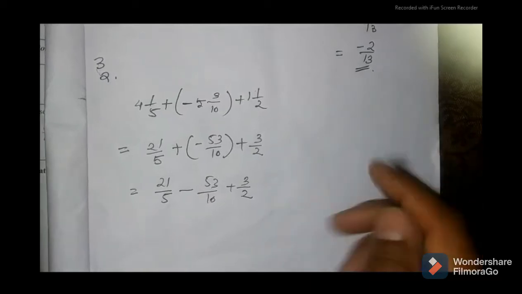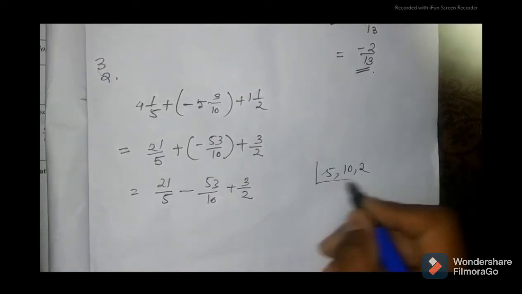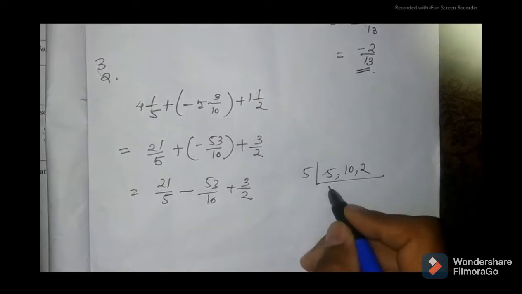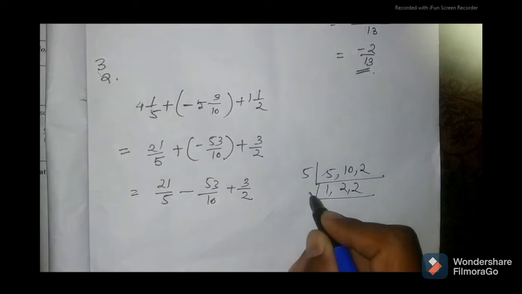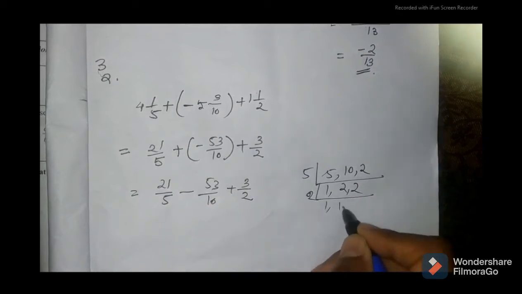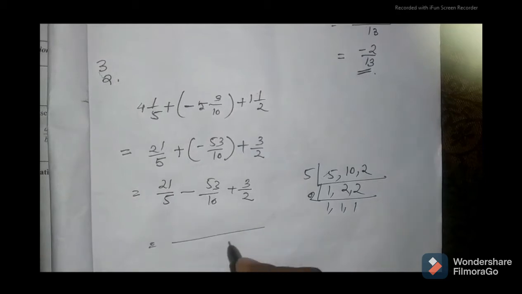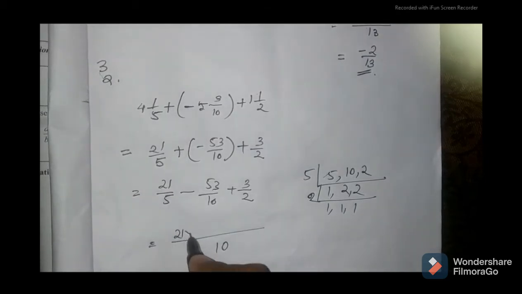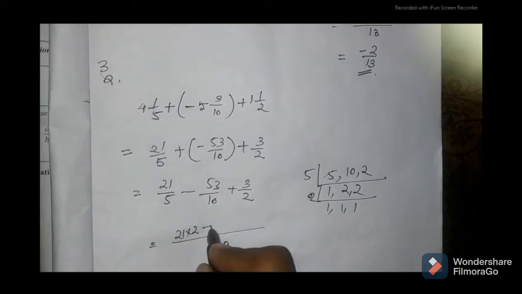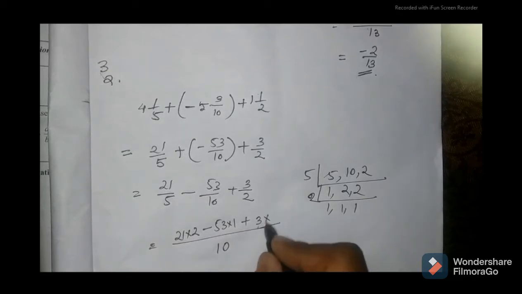Now we have to take the LCM of 5, 10 and 2. So the LCM is 10. Here 21 into 2 minus 53 into 1 plus 3 into 5.